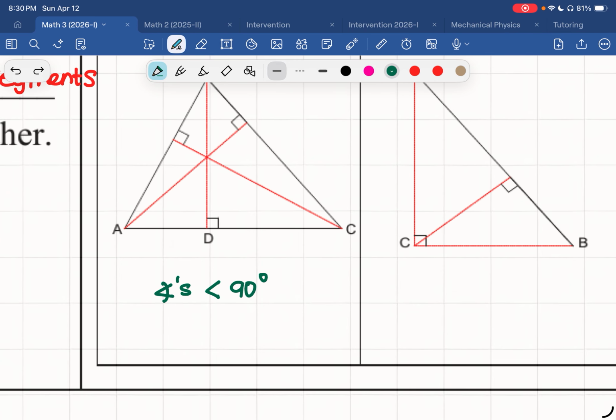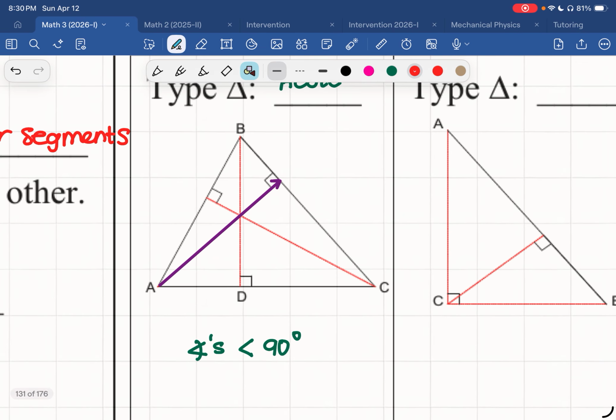So it's a line that comes from the vertex and goes to the other side, forming a 90 degrees angle. Let me put the 90 degrees angle here, in orange. Okay, there's the 90 degrees.